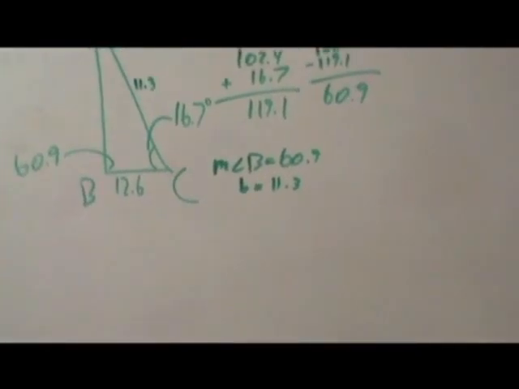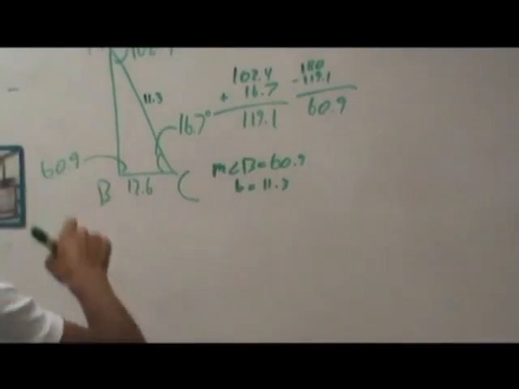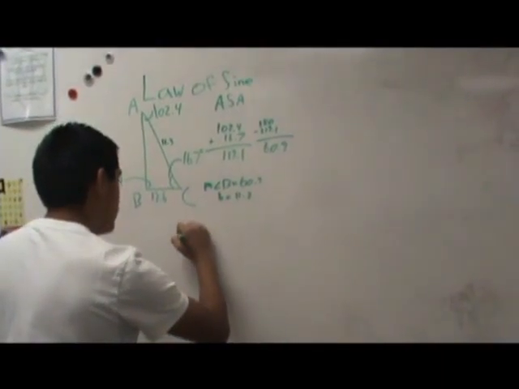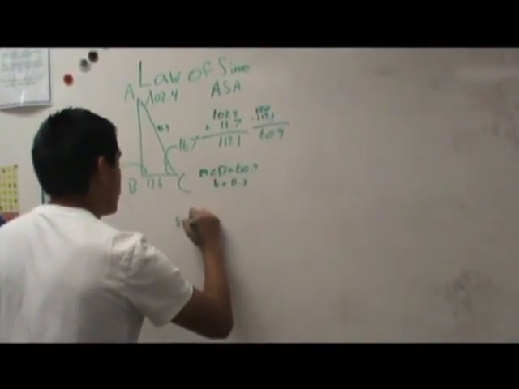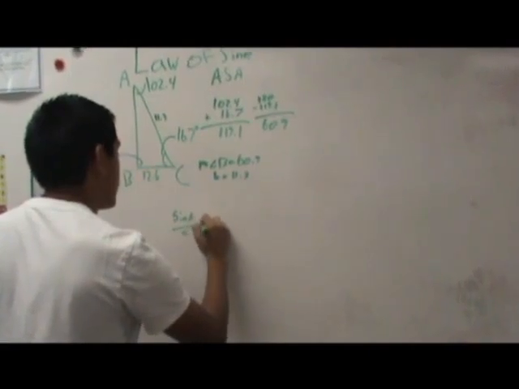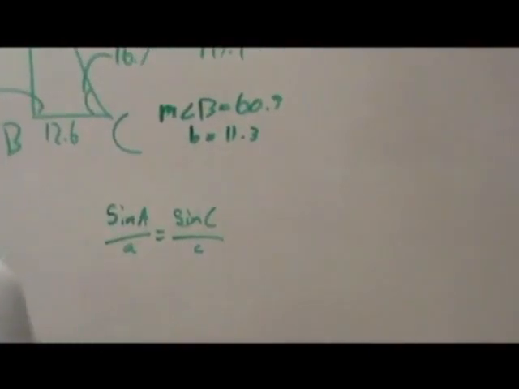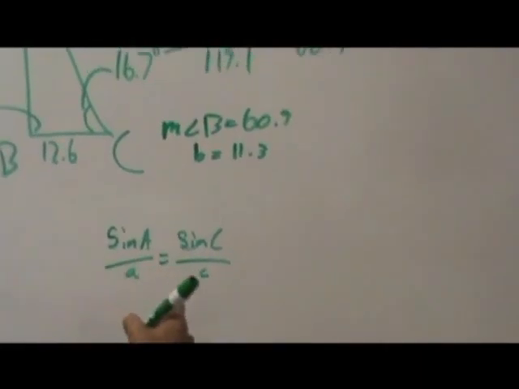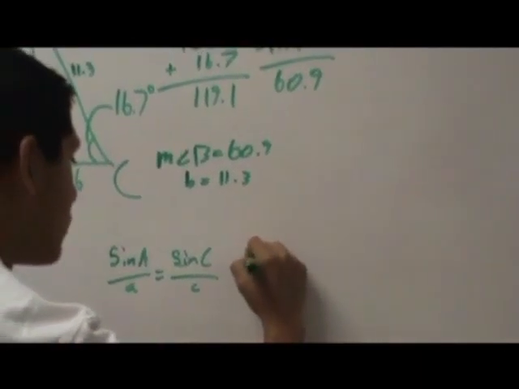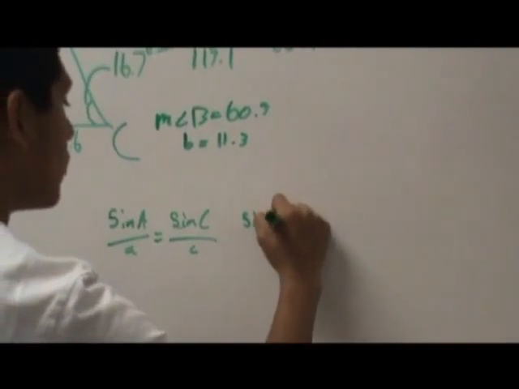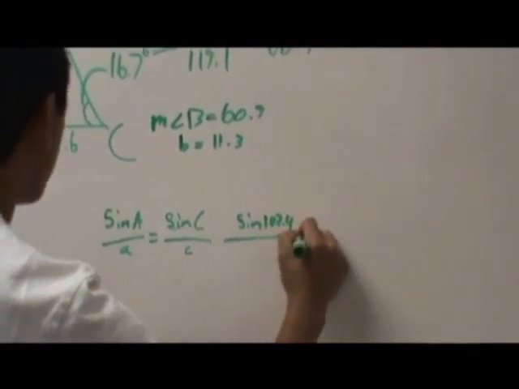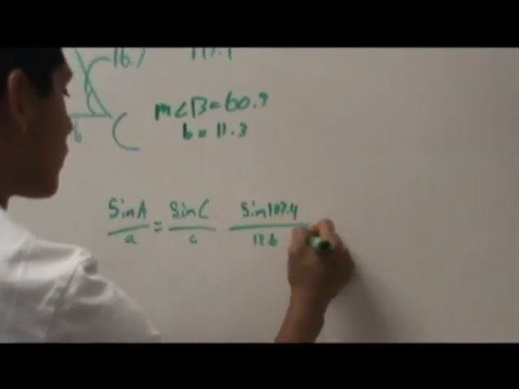Okay, in order to find side C, you have to do the same formula, which would be sine A over little a. That would equal sine C over little c. And you have to plug in what is given. So it would be sine of 102.4 over 12.6.